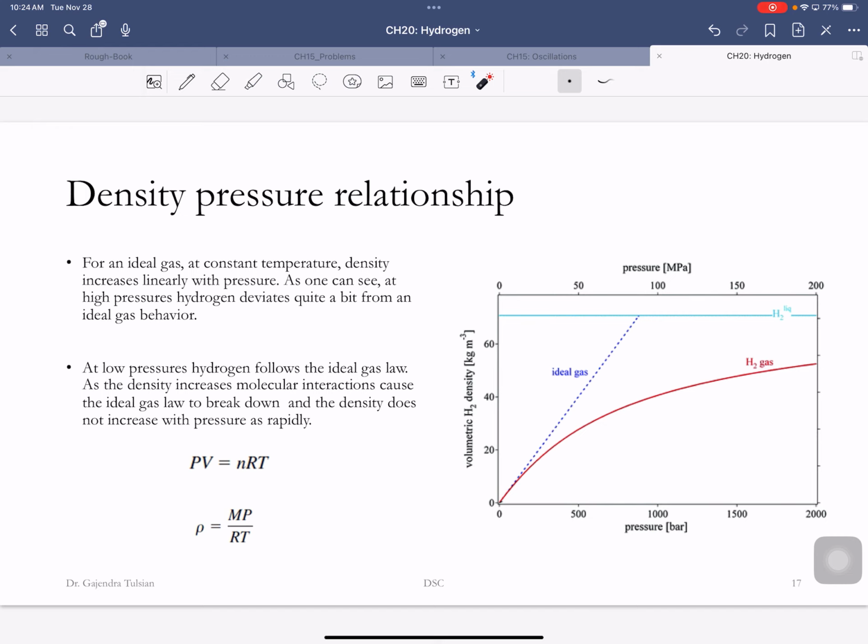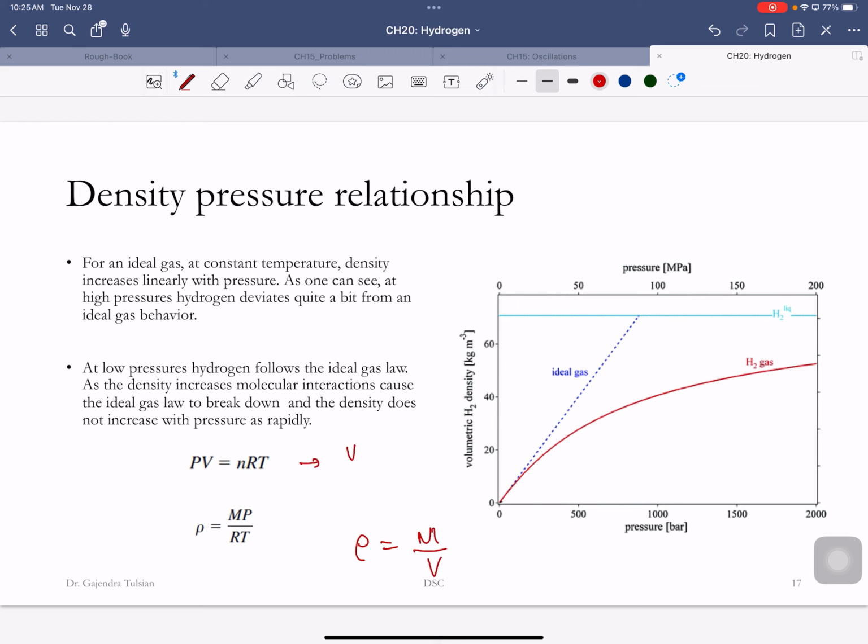So this is the ideal gas law, PV = nRT, and density is mass per unit volume.